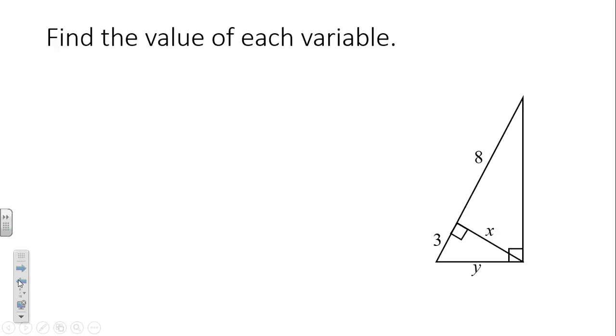Okay. So we want to find the value of each variable. Okay? The best way to do this is to redraw those triangles. We're going to pull them apart and redraw them. So this tiny angle up here is going to be in both the large triangle and the medium-sized triangle.